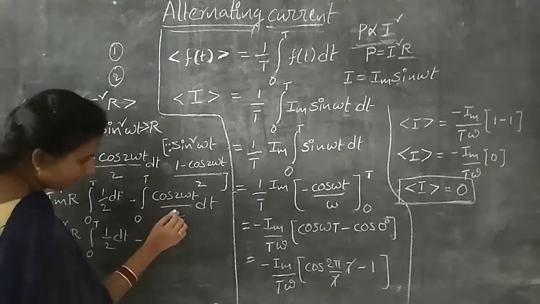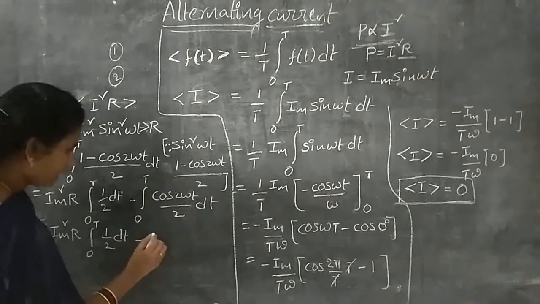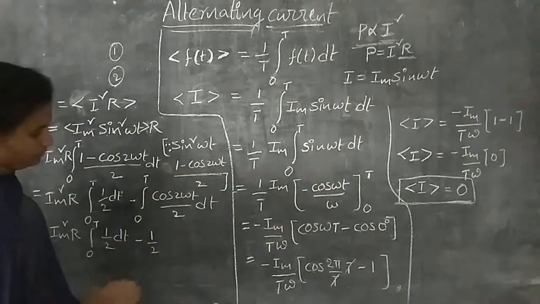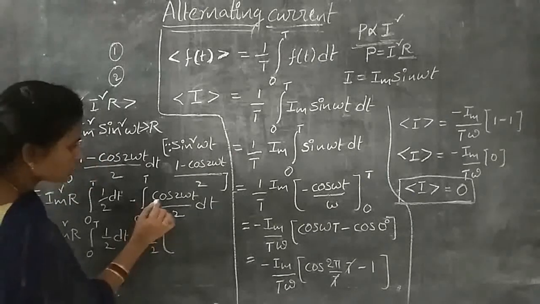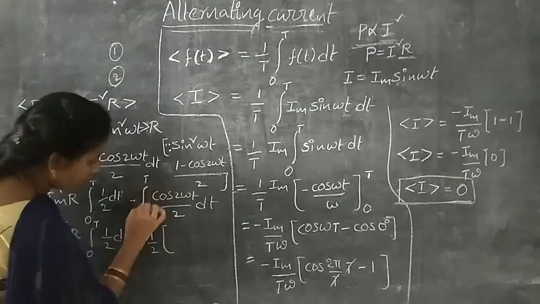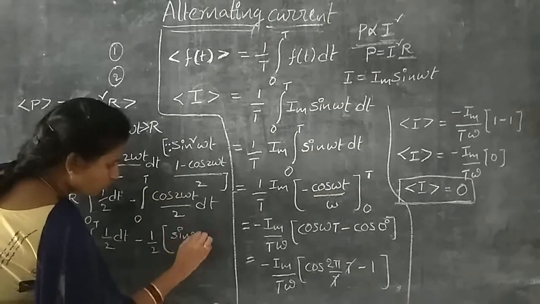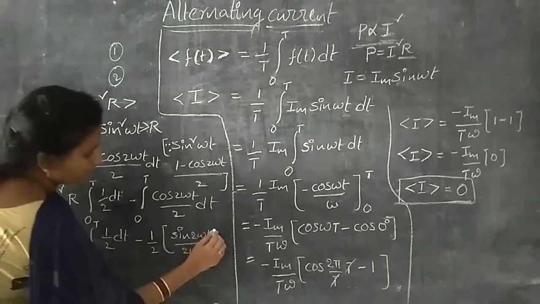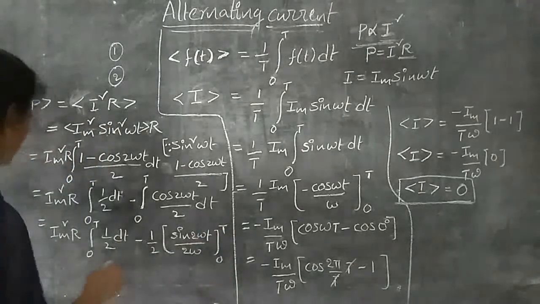Let us take a common 1 by 2. What is the integral of cos 2 omega t? It is sin 2 omega t by 2 omega, within the limits 0 to T.